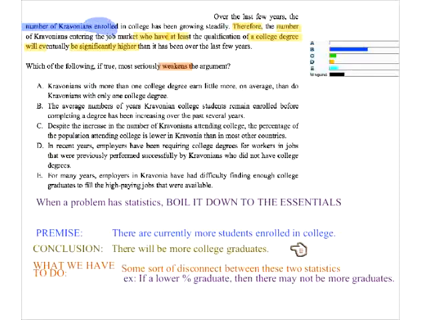Okay, so back to the point here. We need something that directly influences the relationship between people enrolled in college and eventual college graduates. The only choice here that does that is B, like boy.